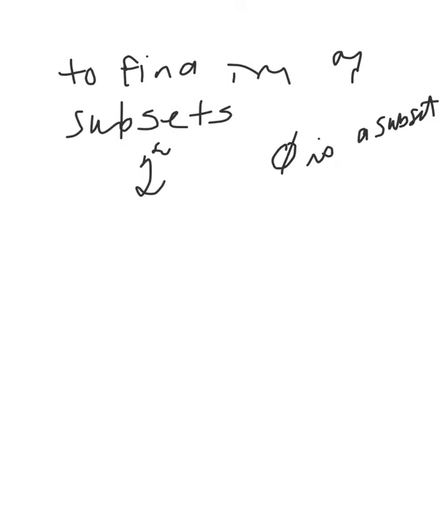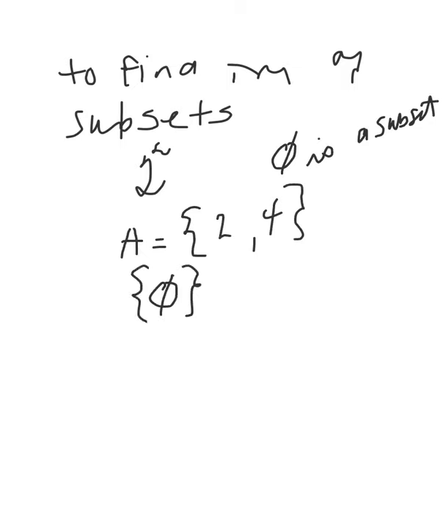So if I were to give you this set right here, and I were to ask you how many subsets it has, and I'm using a small set here because I need to make the point here. One of the sets would be the empty set. That's one of them. Then we've got the set with just the number 2.